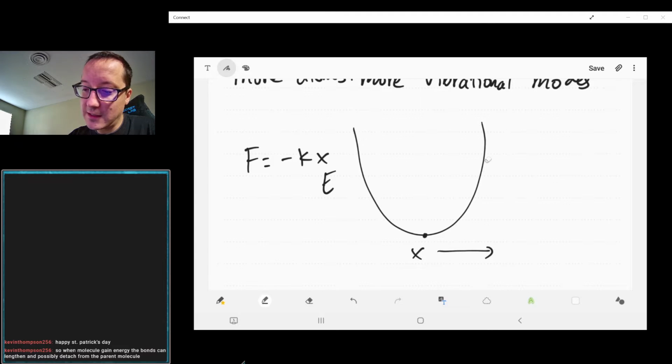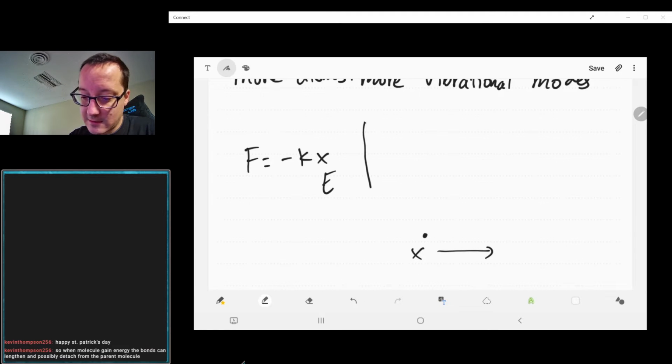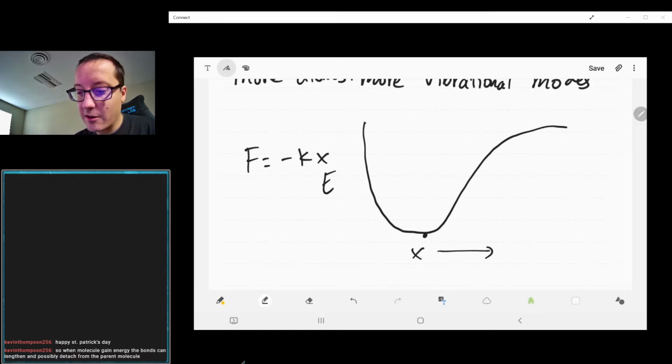However, what we see is that eventually, yes, we see what's called anharmonicity here, where eventually, if you stretch it long enough, it will indeed break off. Yes, that is a potential with a vibrational mode that you can break it off. But chances are it's just going to reattach, just because many of the CH bonds that we deal with in organic chemistry, they have pKa's of about 50 or so.